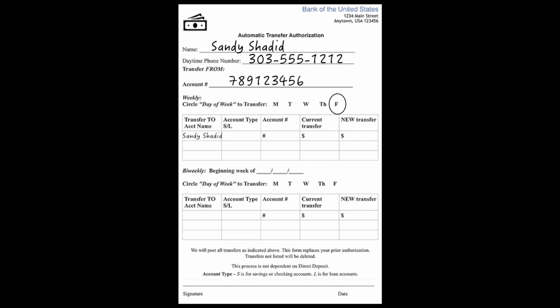She then circles the S for savings account. She then writes her savings account number. Because she is setting up a new transfer, she writes 0 in the current transfer column. In the new transfer column, she writes $10. When she is finished with the form, she gives it back to the teller and her request is processed.